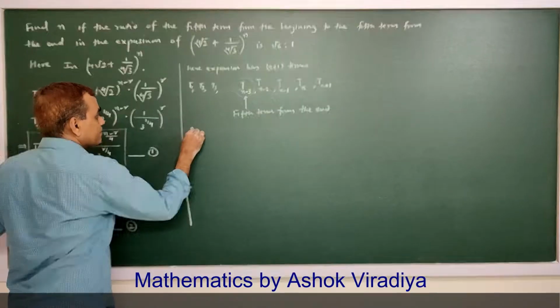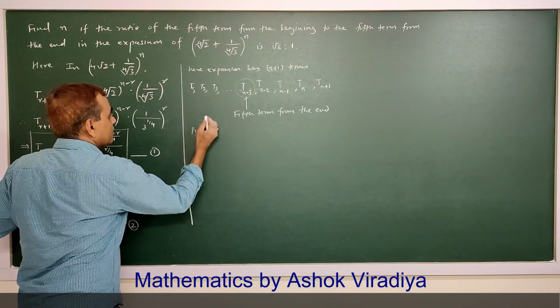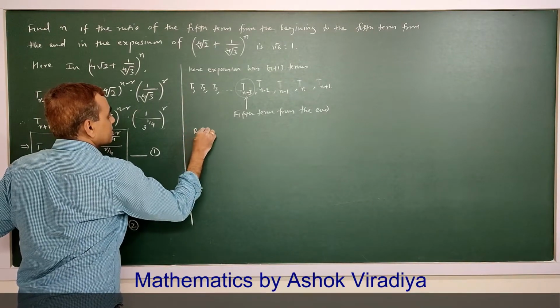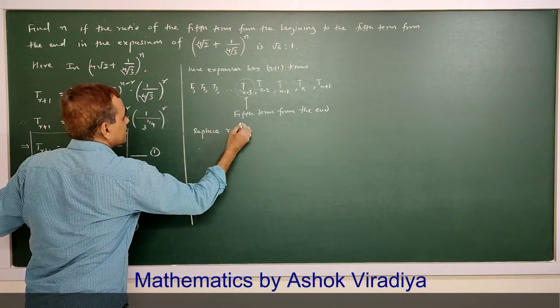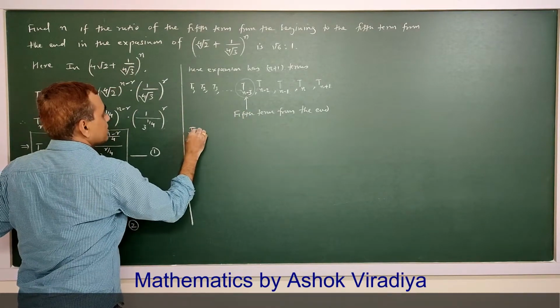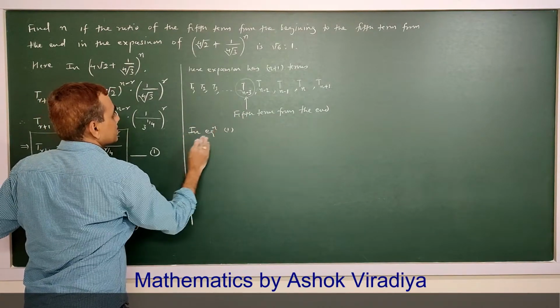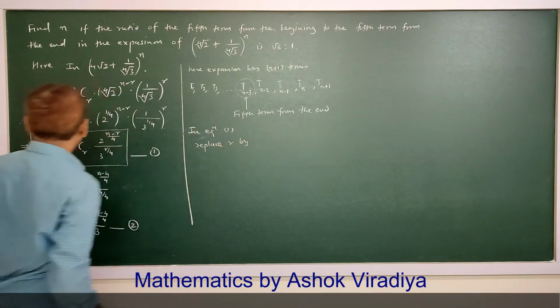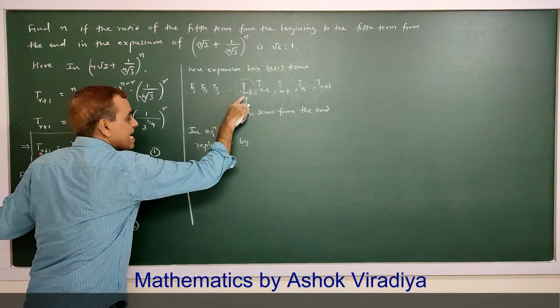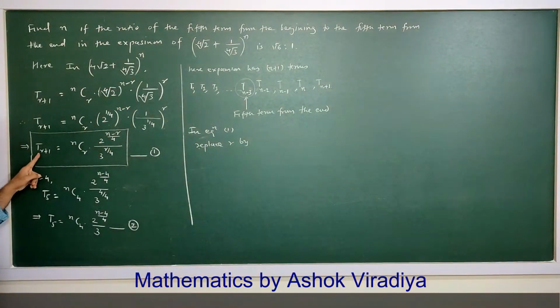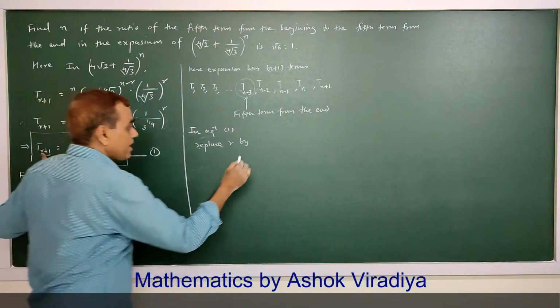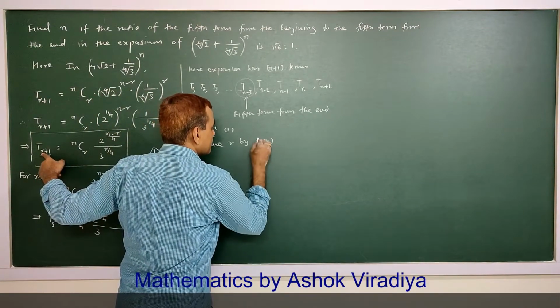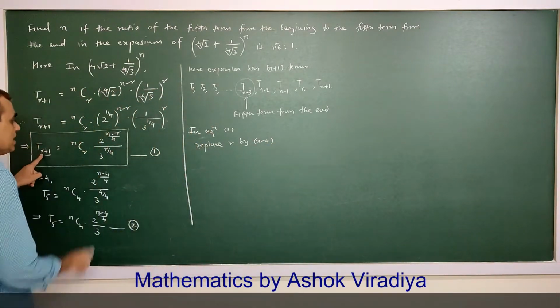So replacing r in equation 1, replace r by, see we want the n minus 3rd term. So to have this value n minus 3, we have to put r equal to n minus 4. So n minus 4 in equation 1.